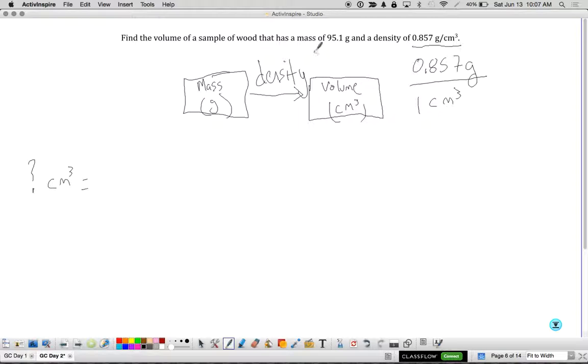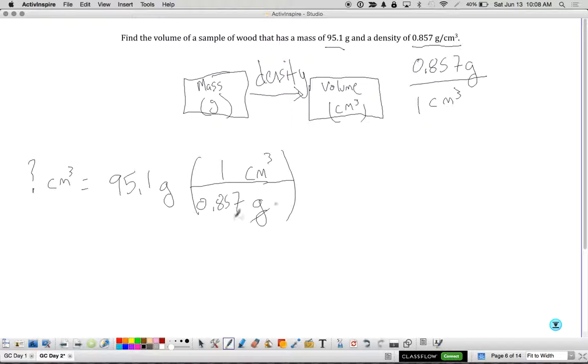So I'm going to start with my 95.1 grams of wood. Then I do my steps, grams, and I'm going to use density as my conversion factor, which means I can go straight from grams to centimeters cubed. Keep in mind that I have to put this number in, 0.857 grams over 1 centimeter cubed.